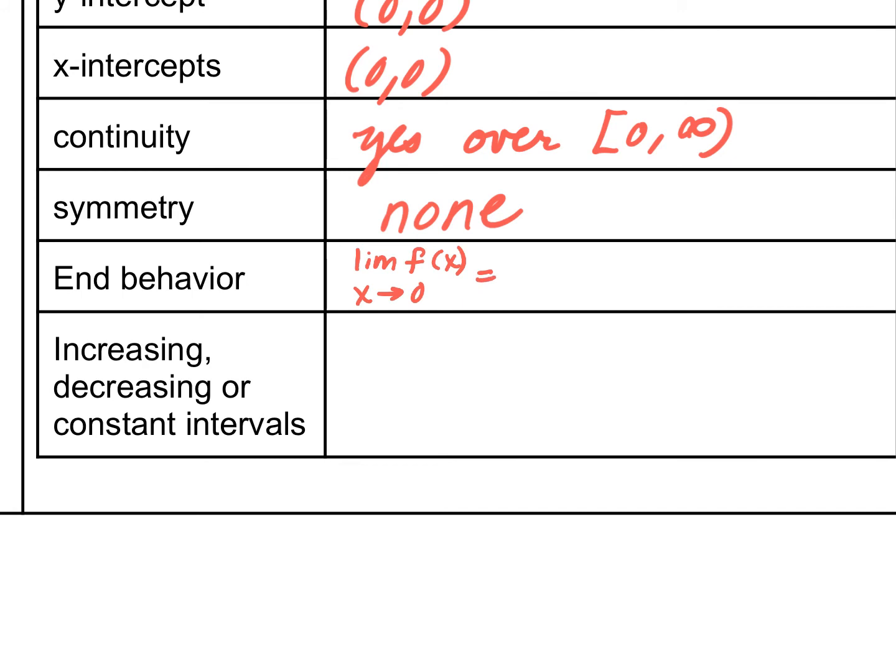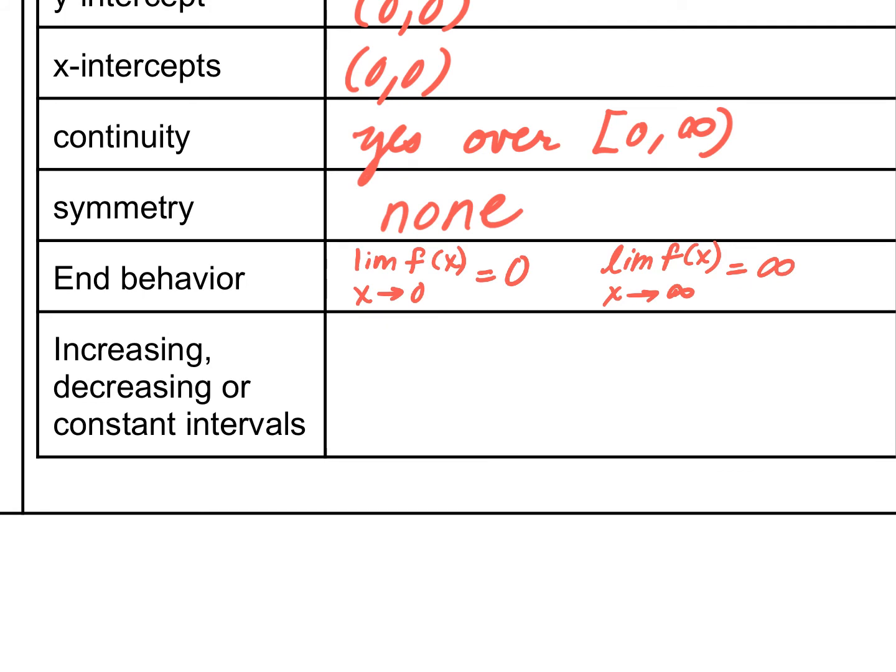What does y approach? No, 0. It's going to the point 0, 0, isn't it? However, on the other end, is it approaching infinity? Yes. And so as x approaches positive infinity going this way, what does it approach? Infinity, doesn't it?